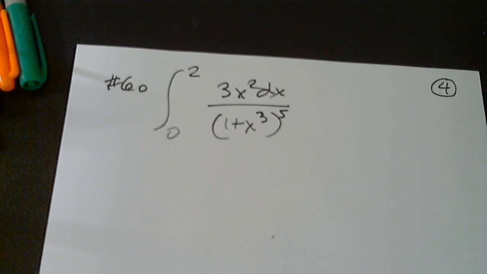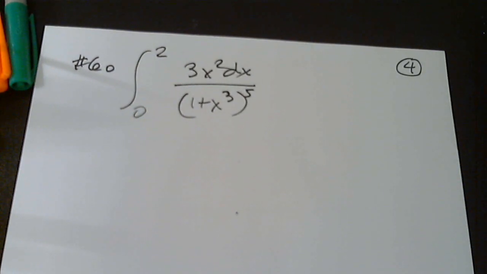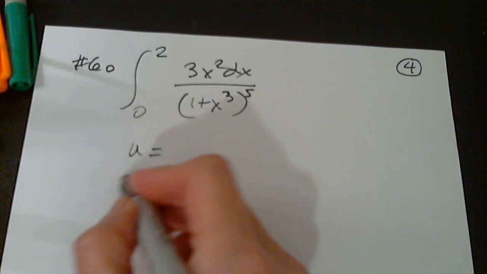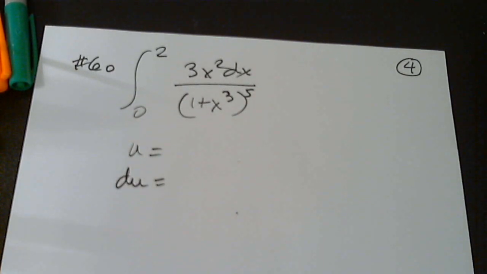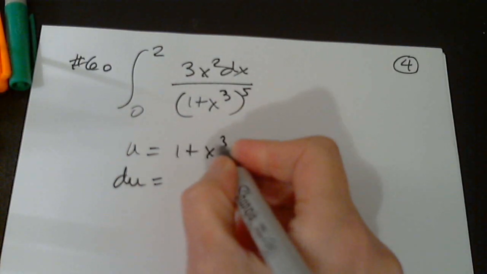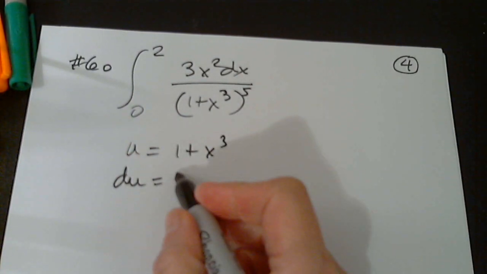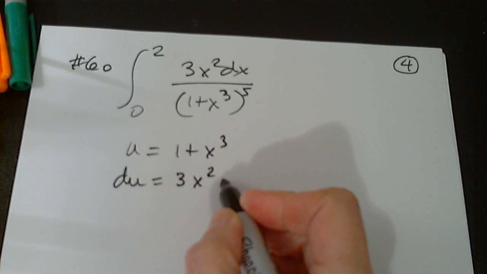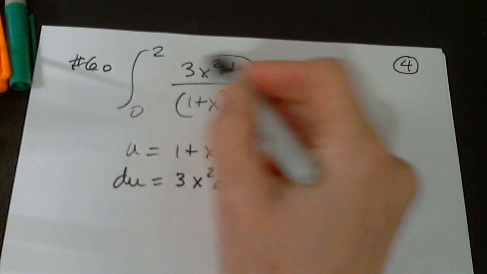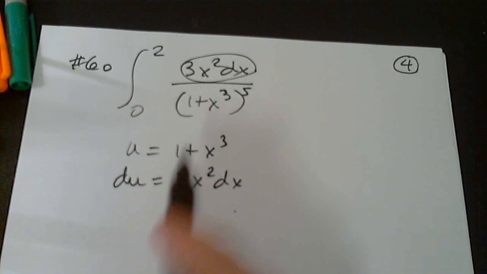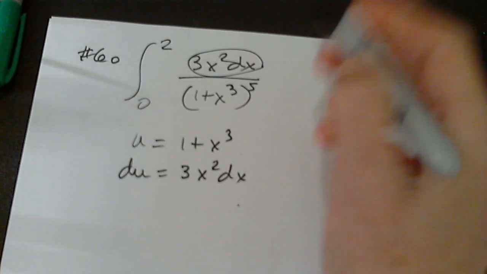Any ideas? No ideas? Yes? Is u 1 plus x to the third? Of course. And then du is 3x squared dx? Indeed, right here. So that's the du, and the denominator is u to the 5th.